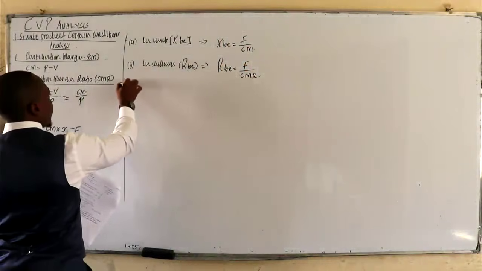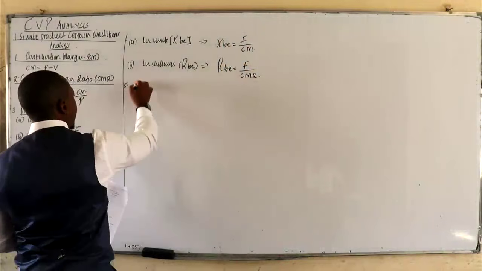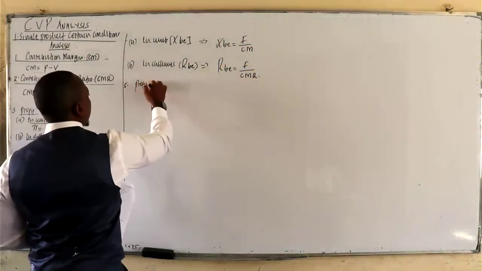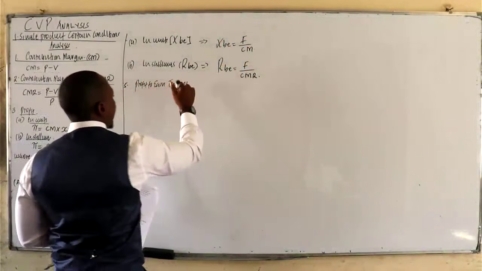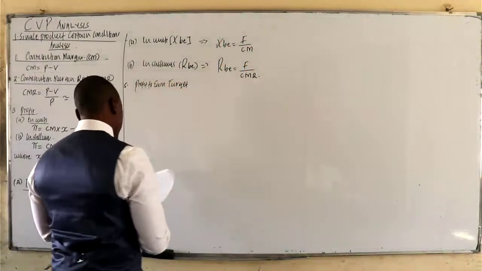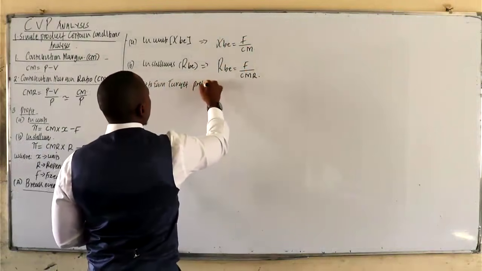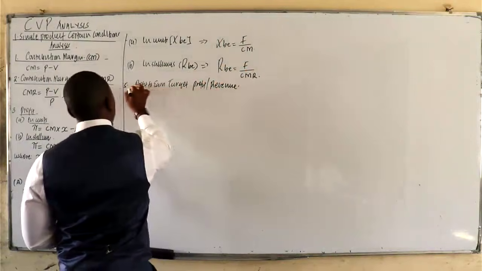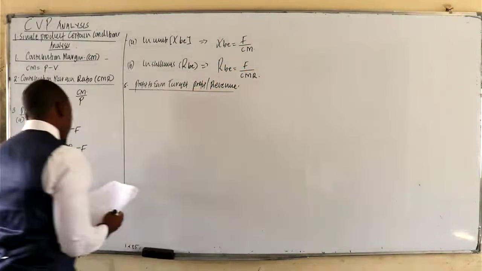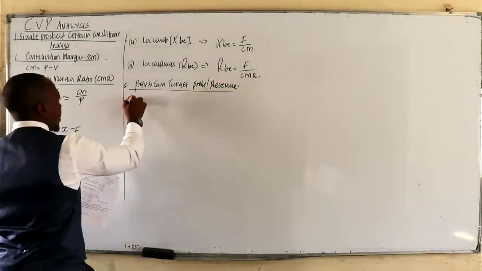number five. How do you get the sales or the profit to earn the target revenue? In this case, you can compute it either in shillings or in units.